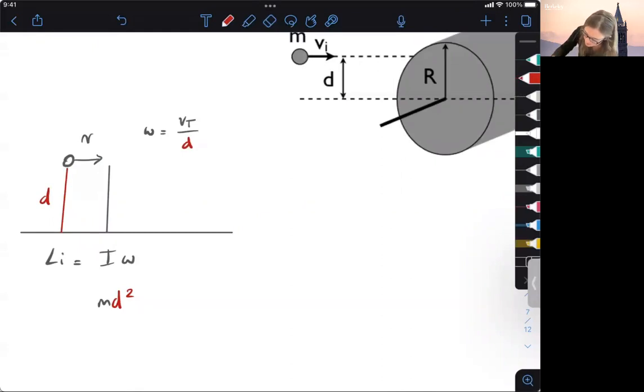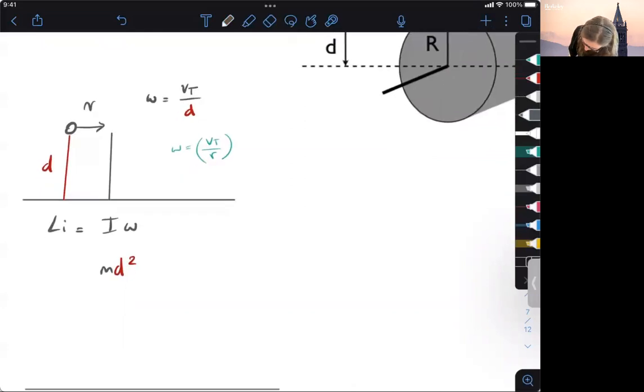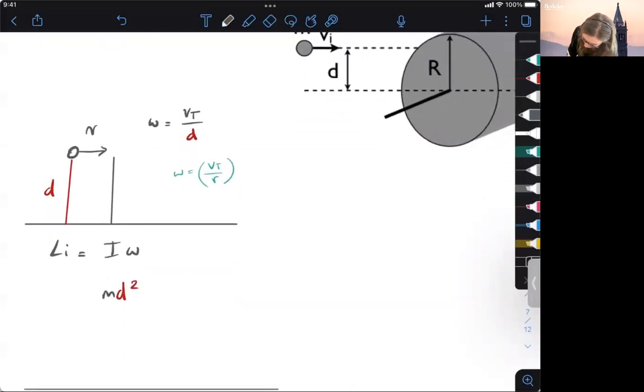So the general expression would be ω equals v_t over r. We can actually sub that into this expression. I think we'll say v_i is our v tangent here, and then our radius away from the center is still this d value, right? So that simplifies things for us nicely.